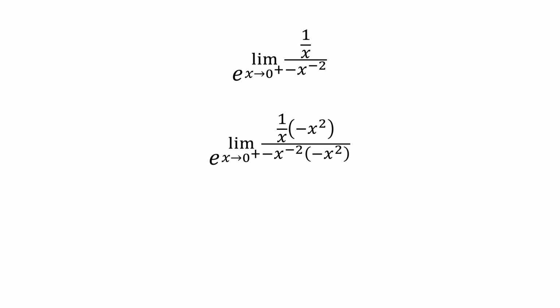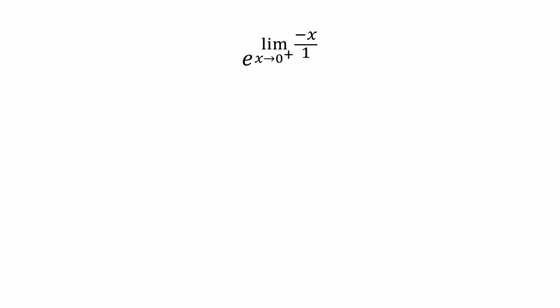Simplifying gives e to the limit as x approaches 0 plus of minus x over 1. Dividing, we obtain e to the limit as x approaches 0 plus of negative x.